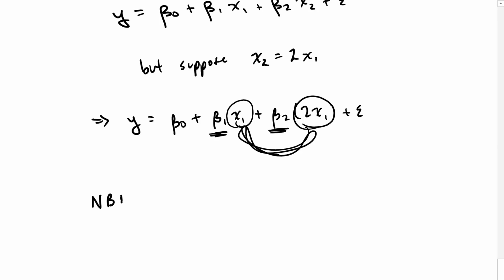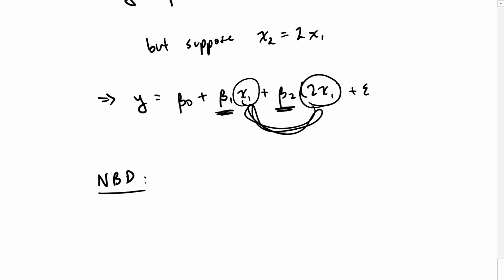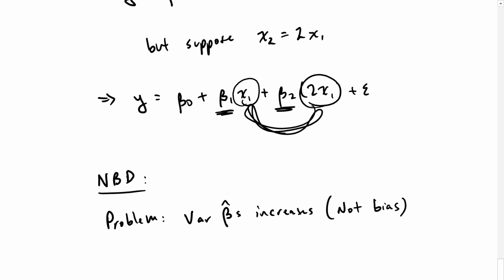In general, though, it's not a big deal because again, the problem that it's going to cause is the same as the others. The variance of the betas increases. It does not bias the betas.